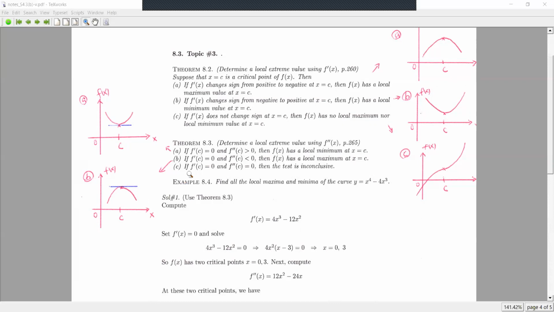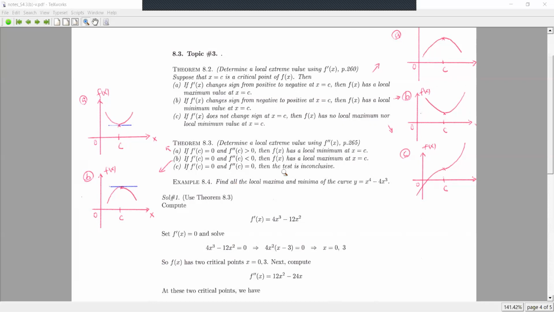C. If the derivative at C is 0 and the second derivative at C is 0, in this case, the test is inconclusive. That means that the function may have a local maximum or a local minimum or neither, all are possible.